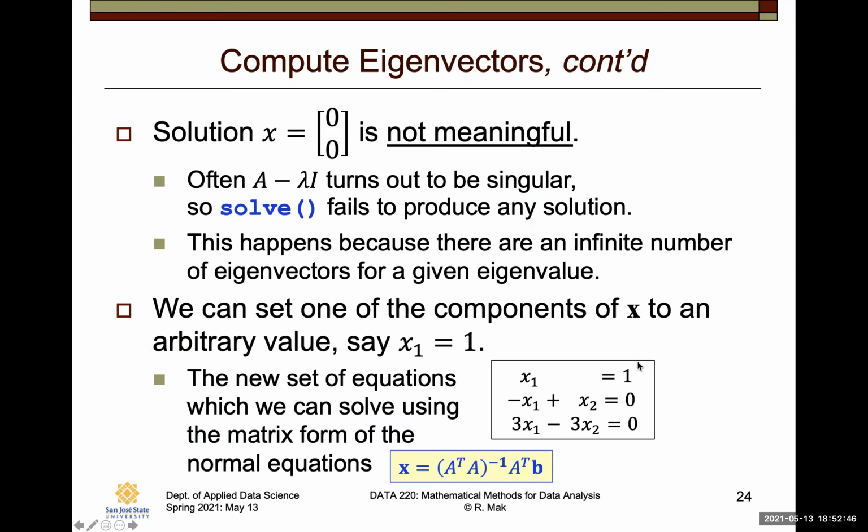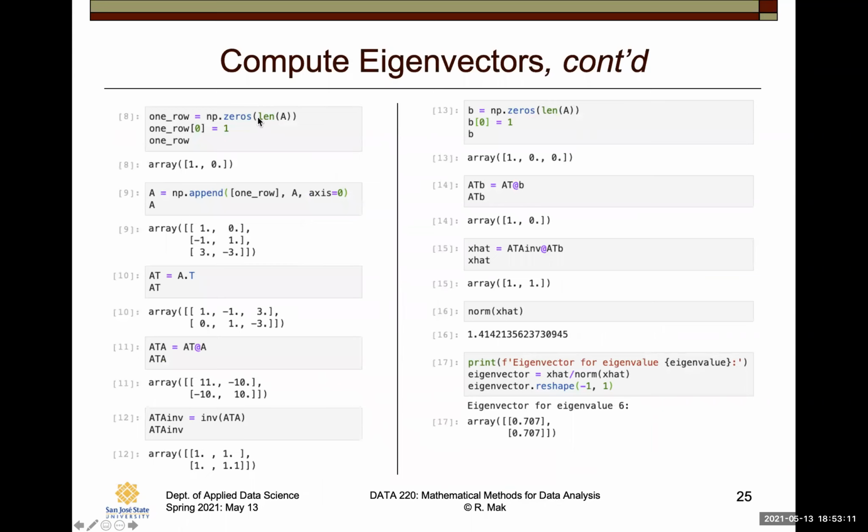Now we cannot use solve because we have 3 equations and 2 variables, and solve only works with square matrices, so we have to use the matrix form of the normal equations. We grind through this again, and what we finally end up with is this eigenvector.